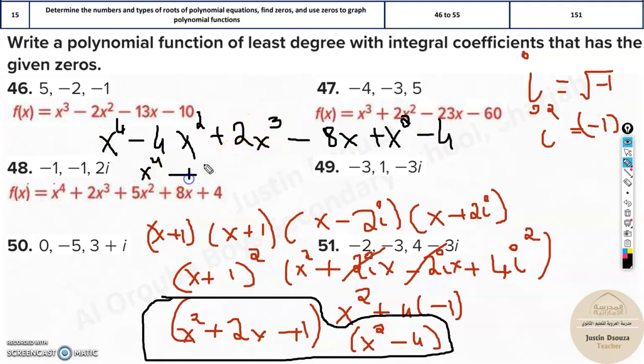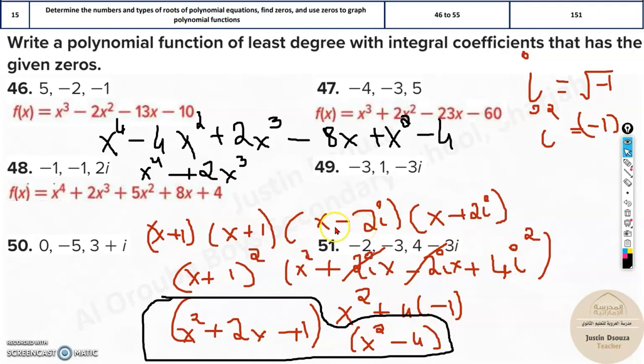That is also alone, so plus 2x cube. Now over here, what do I have? Minus 4x square, and over here there is 1x square. Let me just take 1 minute. I've got an error somewhere over here.